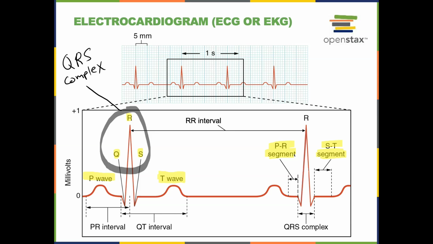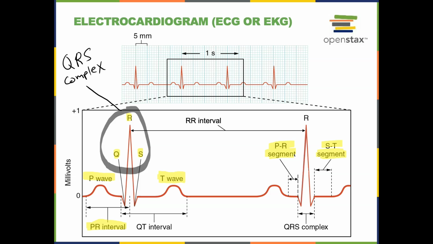We can also measure time intervals of the ECG. The P to R interval is the time between the beginning of atrial depolarization and the beginning of ventricular depolarization. That's the amount of time that it takes for the action potential to travel from the SA node into the ventricles.